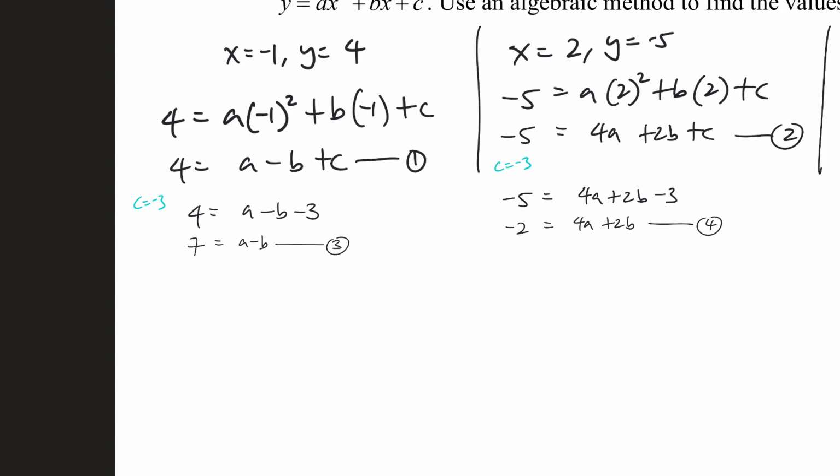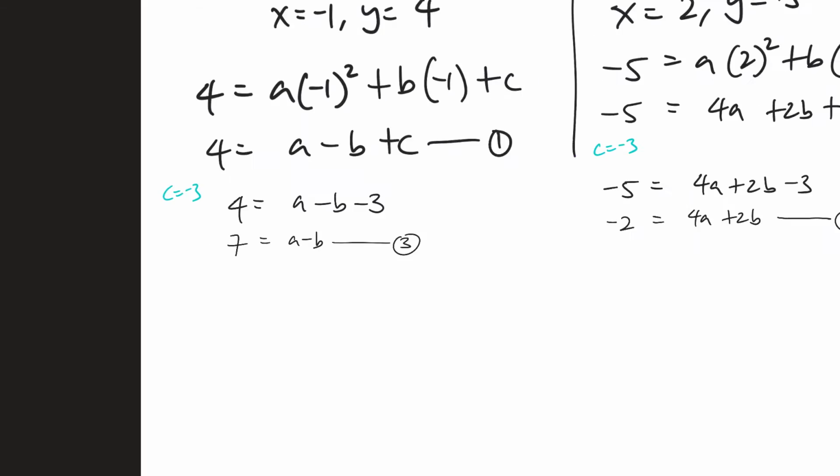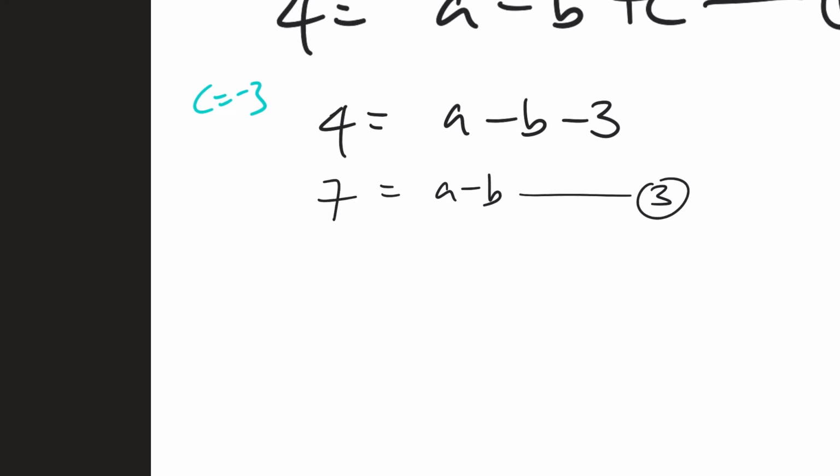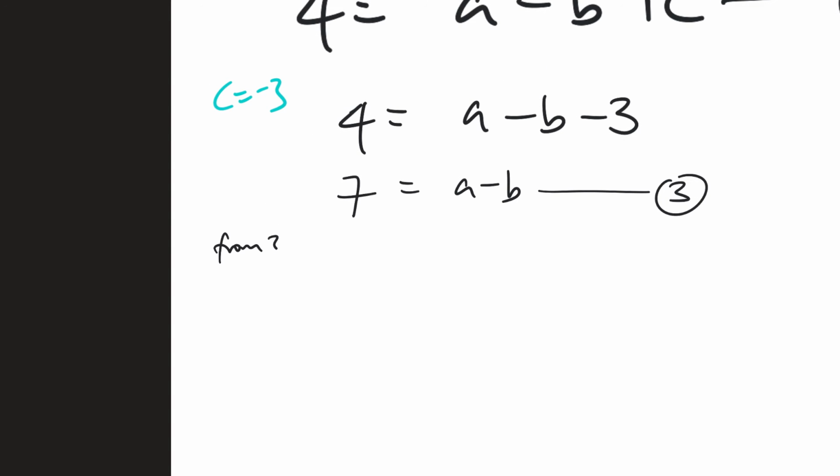So how do we solve? I can see substitution might be a good method. From equation 3, I'm going to say 7 plus B equals A, or A equals 7 plus B. I'll call this star.